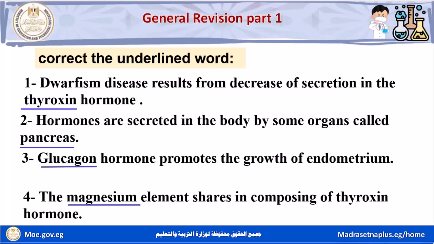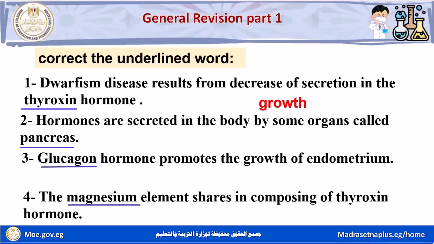Another question, correct the underlined word. Question number 1. Dwarfism disease results from decrease of secretion in the thyroxine hormone. Dwarfism disease results from decrease of secretion in the growth hormone.